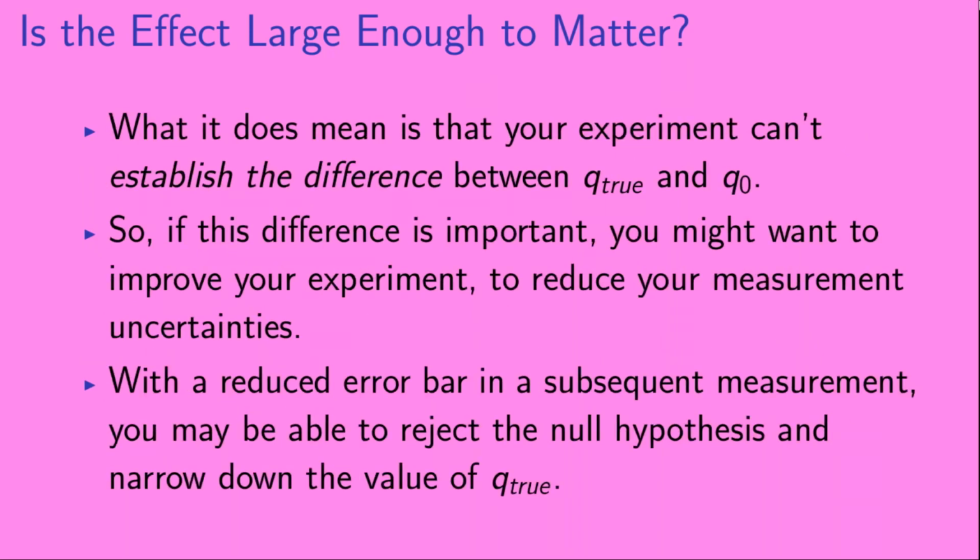What it does mean is that your experiment can't establish the difference between Q true and Q naught. So if this difference is important, you might want to improve your experiment to reduce your measurement uncertainties. With a reduced error bar in a subsequent measurement, you may be able to reject the null hypothesis and narrow down the value of Q true.